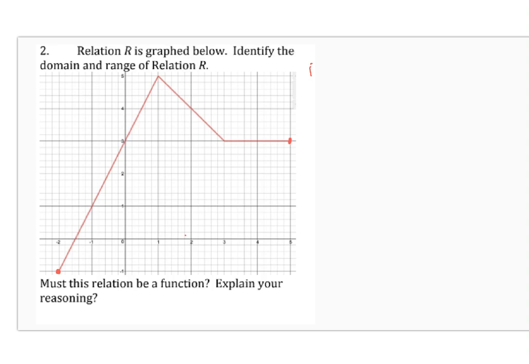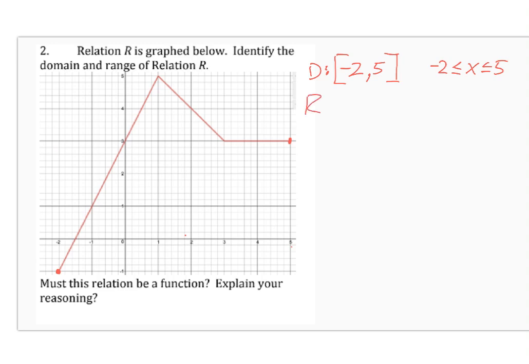That means for my domain, we have a starting value of -2, and we have an ending value of 5. That's the lowest and the highest x value. I'm going to put brackets around those because both of those points are included. This is the same thing as saying -2 is less than or equal to x is less than or equal to 5, or all the numbers between -2 and 5.